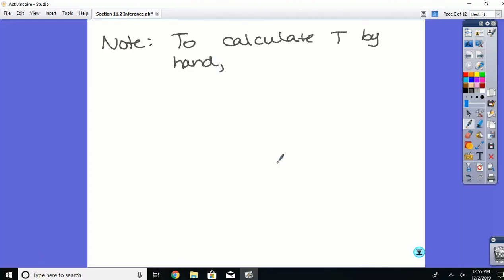I gave you the formula. And I said your T sub 0 is the mean of the difference divided by S over the square root of n. Now the reason we did it on our calculator is we didn't find the mean by hand, did we? But we could. Or somewhat by hand.